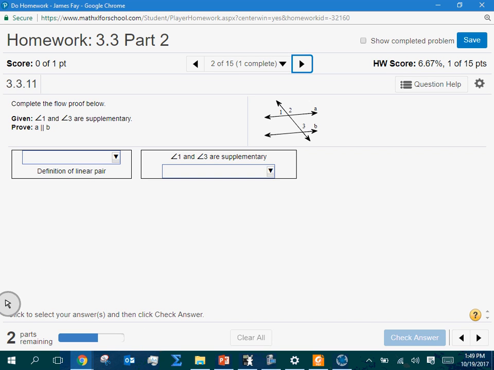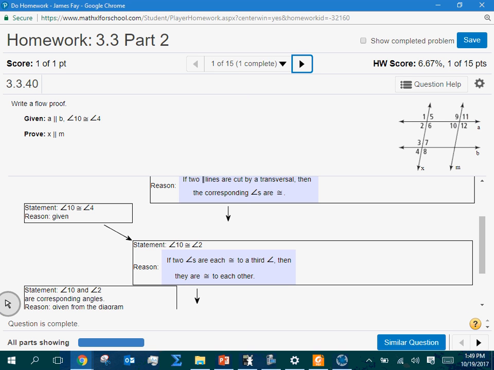Okay, we're done. But what we have now done, go back to it, we have proven that if I have that picture, and I start with A being parallel to B, along with that congruency of those two angles 10 and 4, I can make the link that X and M are also parallel. And that's just a flow chart.